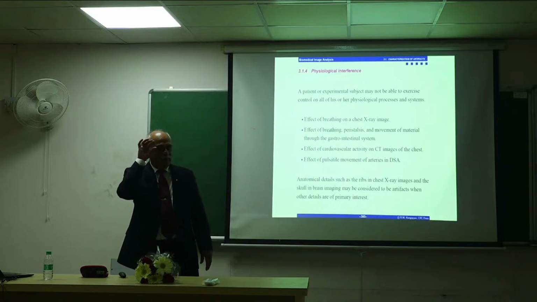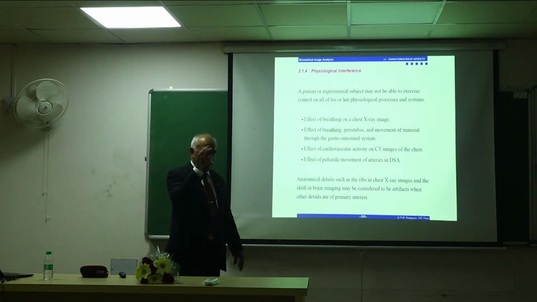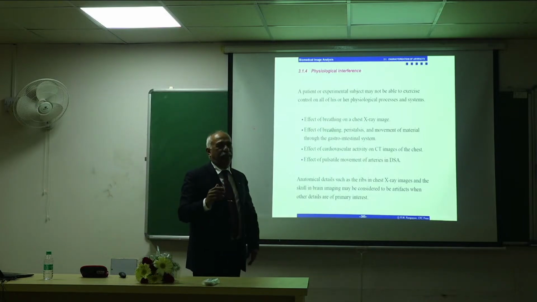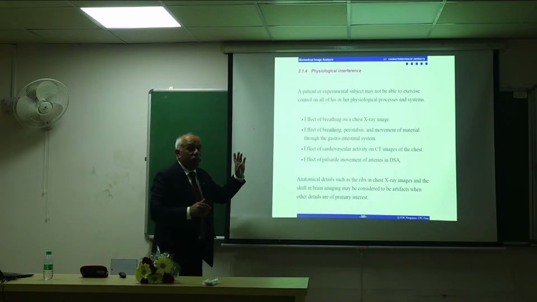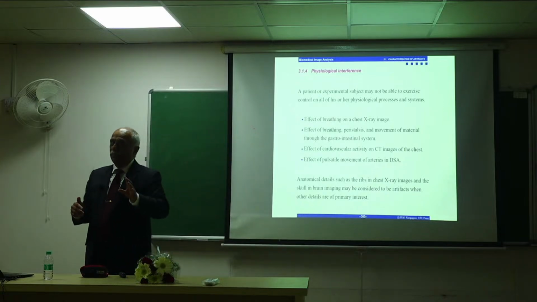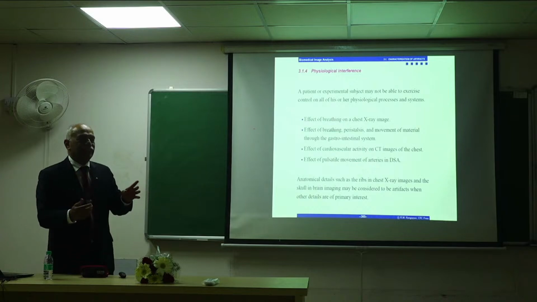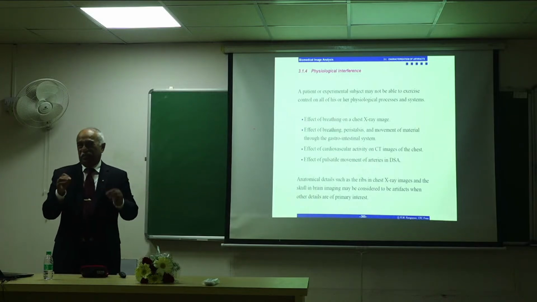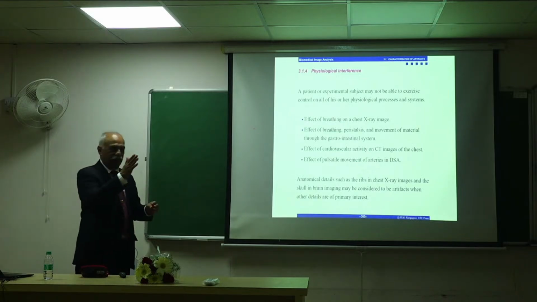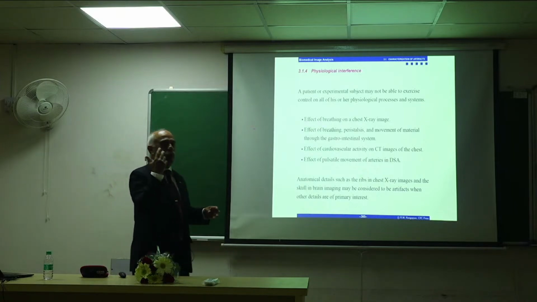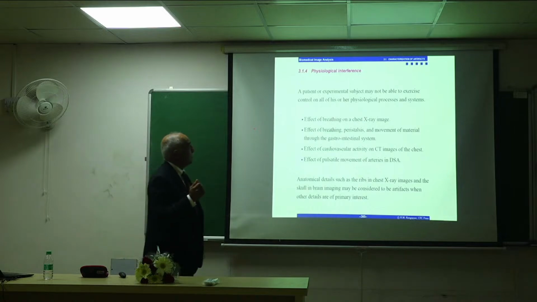But then the blood vessels will be moving due to pulsatile movement of the blood, and that causes artifacts. So these are physiological, they're not random, they're not structured in the sense there is no geometric fixed structure. There is a structure for the patient, for each subject, depending upon the imaging situation, but you cannot model that.